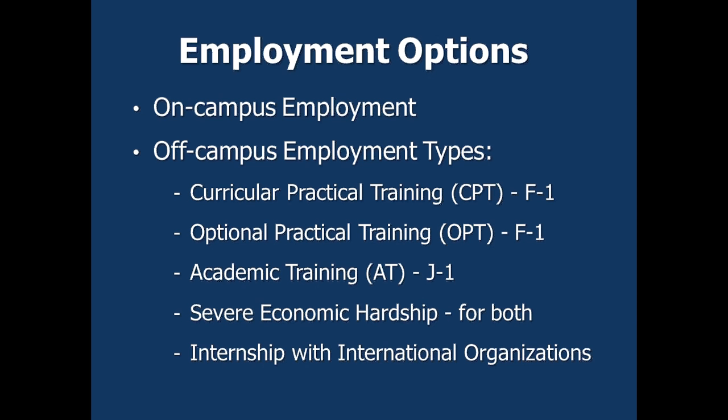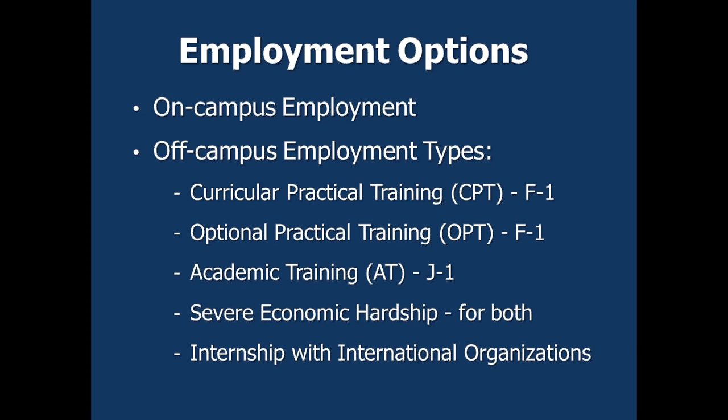There are different types of employment options for international students with an F1 or J1 visa. On-campus employment and off-campus employment types. There are several off-campus employment types. One is called Curricular Practical Training, or CPT. This is available to F1 students only. Optional Practical Training, also available to F1 students only.